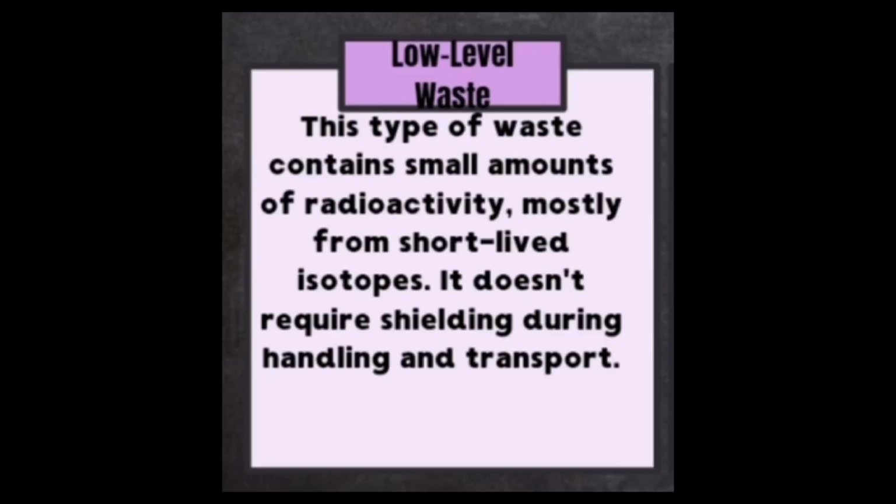It doesn't require shielding during handling and transport. Examples include contaminated items like gloves, clothing, tools, and filters from nuclear plants, hospitals, and research facilities, as well as slightly contaminated soil and debris from nuclear site cleanups.